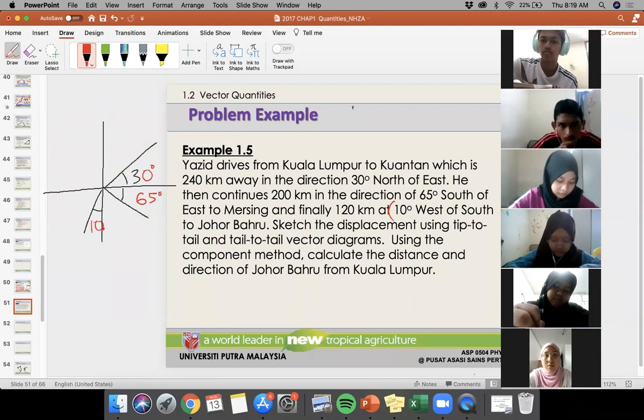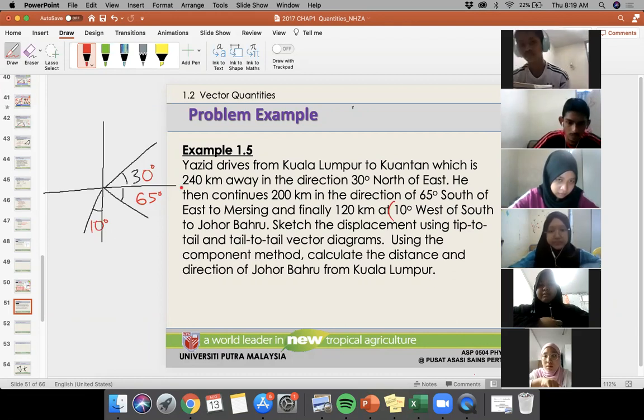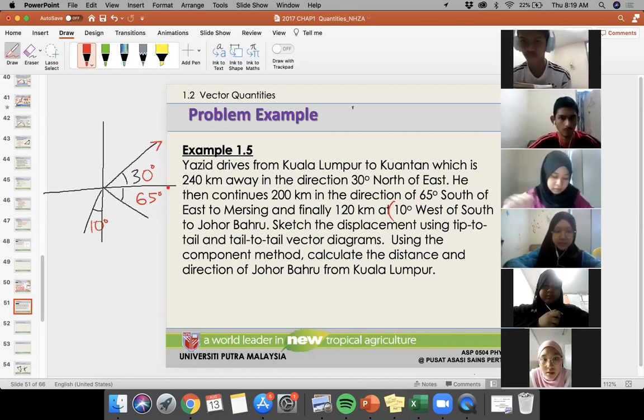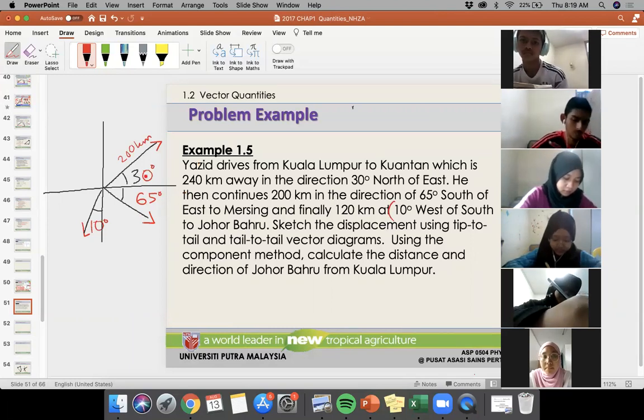But what can be improved from Haiman's diagram? Can anyone answer me? What can be improved in this diagram? If he were to answer this in the exam, can I give him full marks for this? Just for drawing? No. What is missing? The tip arrow. The tip arrow, correct. Arrow. Okay, what else? The magnitude. The magnitude, yes. If they want you to be precise, you have to use a scale.